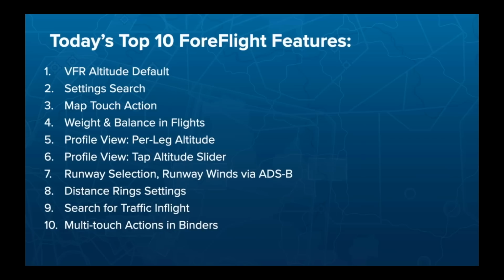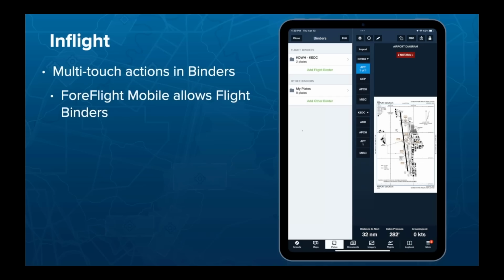Yeah, so with that, we'll migrate over to some binder features. ForeFlight has the ability to implement binders and allow you to bind your plates and charts into one organized view.